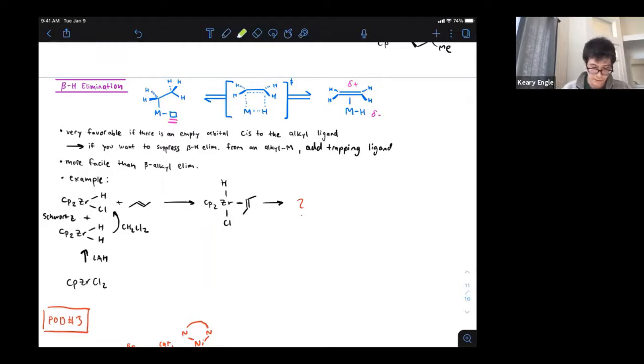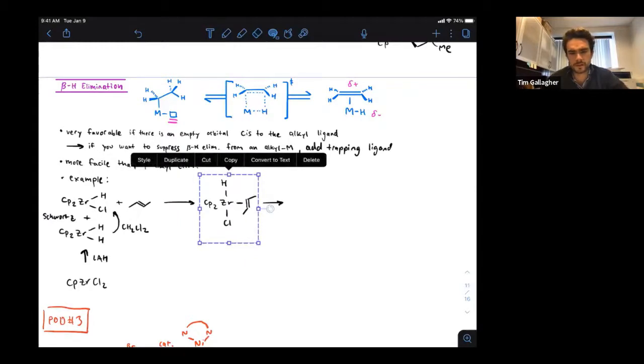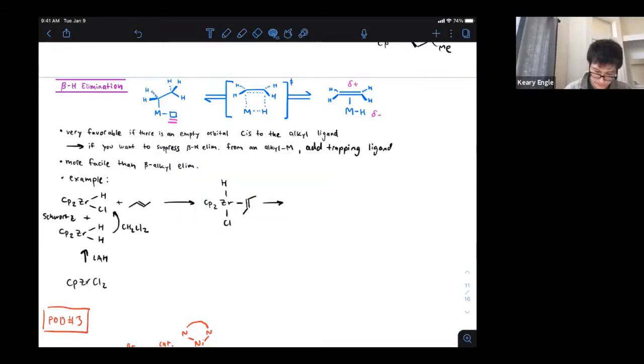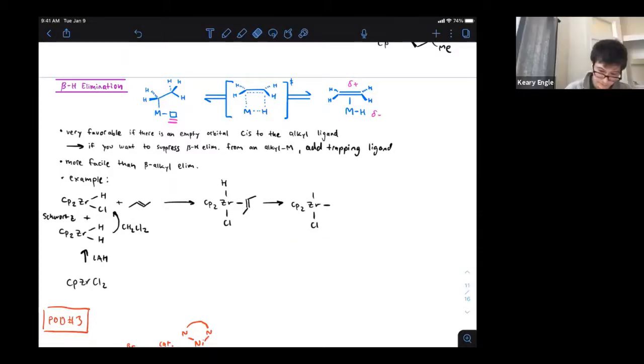So I've drawn this association step. And what's going to happen next? I have 1,2 migratory insertion, forming a bond between the H and the alkene. Okay.